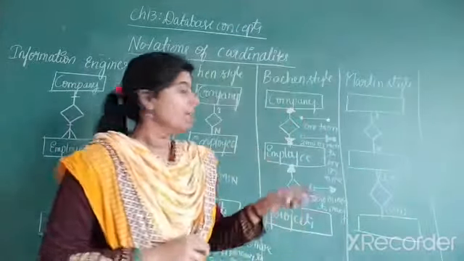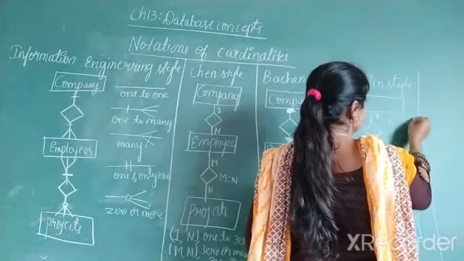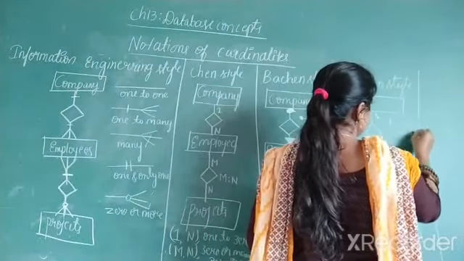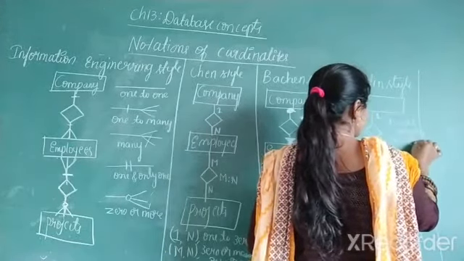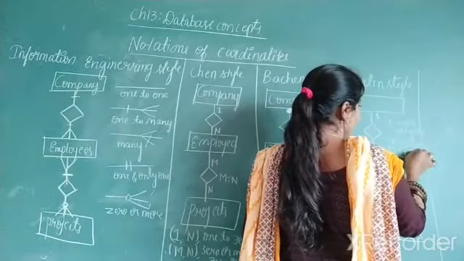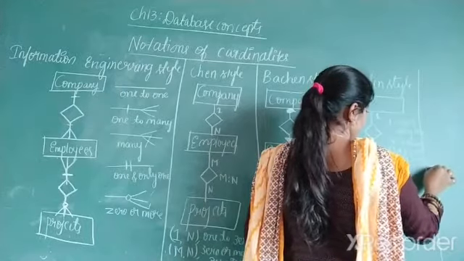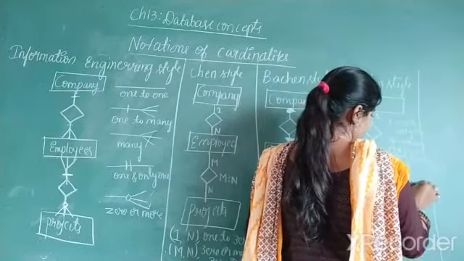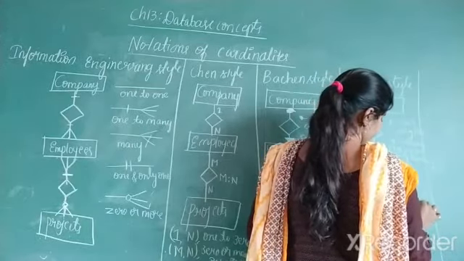So observe here, 1 indicates one and only one relationship, and only star indicates many relationships, and 1, comma, star indicates one-to-many relationship, and 0, comma, n indicates 0 to many relationship.